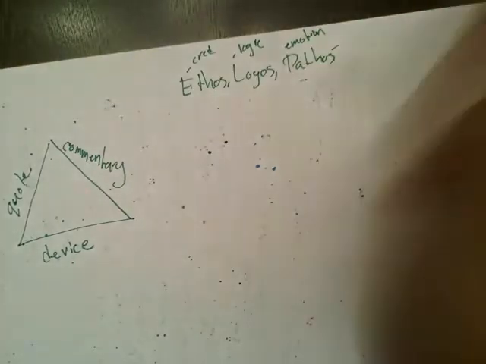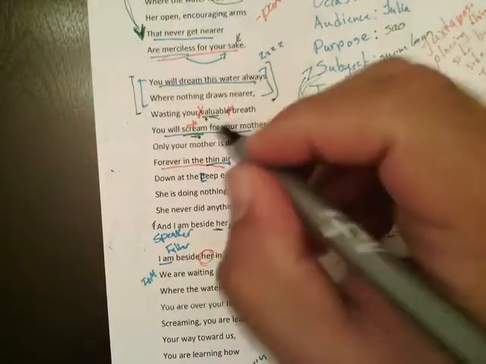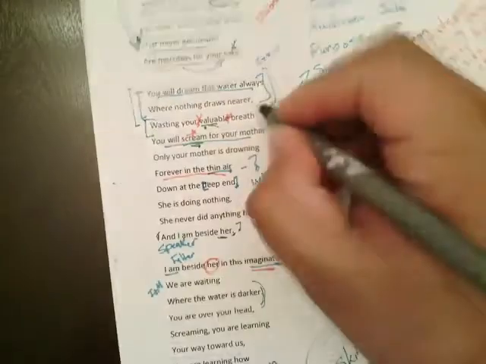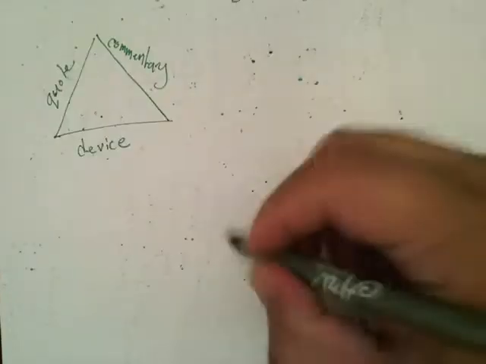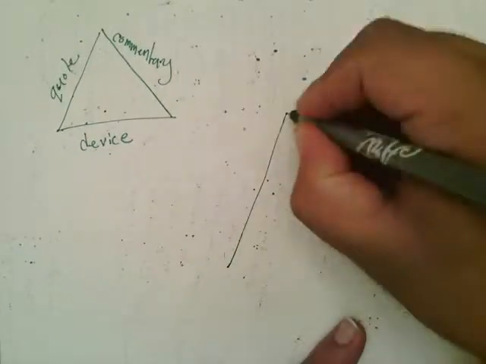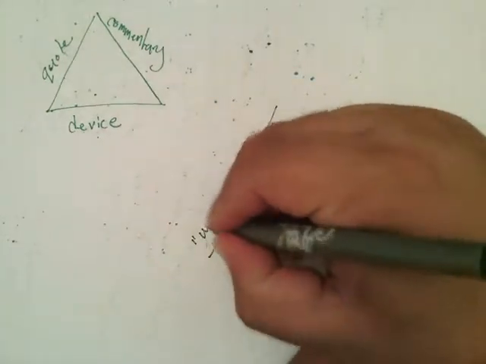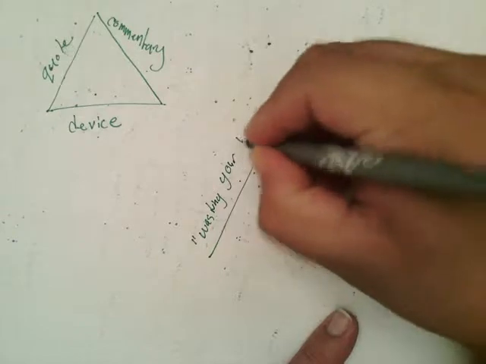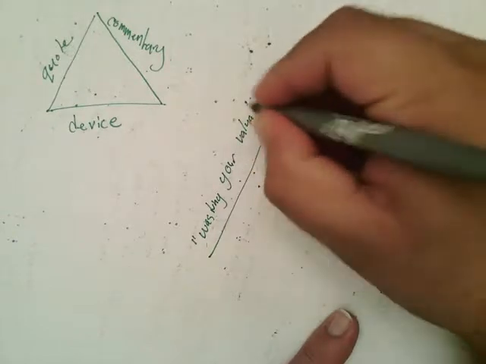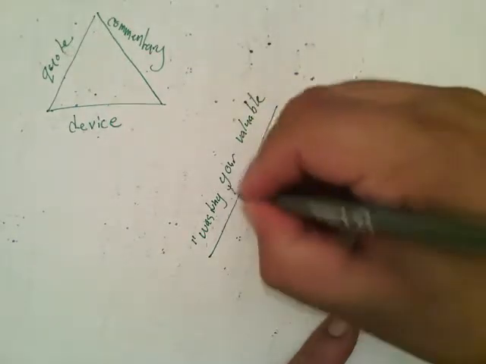Okay, so I'm going to fold this in together. I'm going to look at the word and the line here, wasting your valuable breath. I'm looking at the word valuable. And so I'm going to draw a triangle over here, on this side, wasting your valuable, I probably spelled that wrong, sorry, breath.